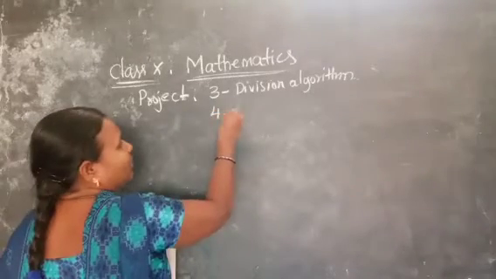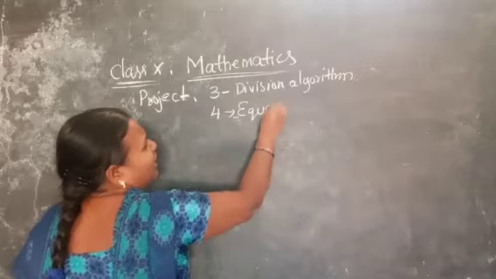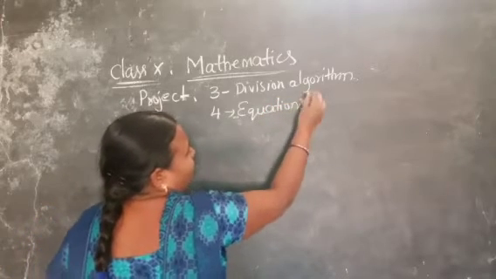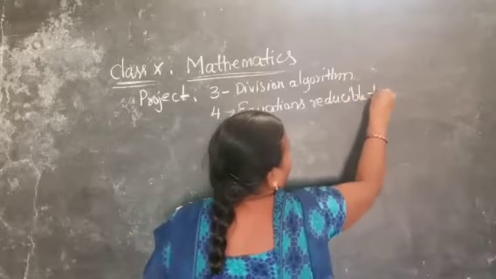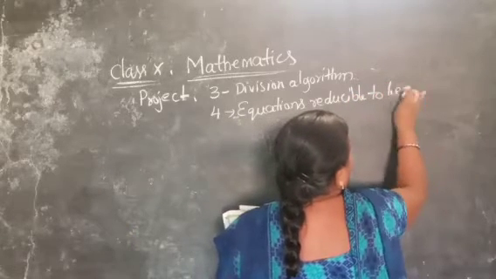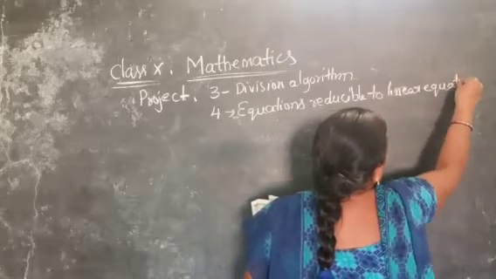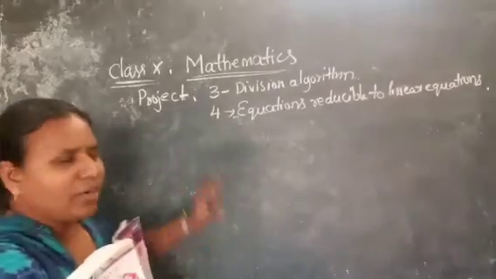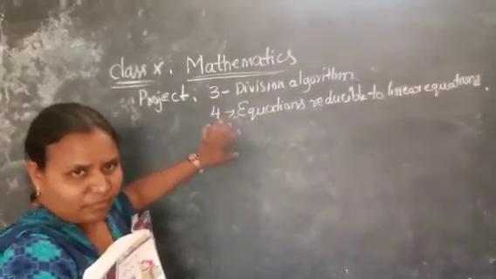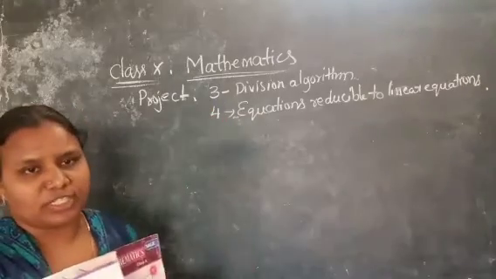And from the fourth chapter, equations reducible to linear equations. These two are our project topics. Write the project name as these two topics and solve the given two questions.